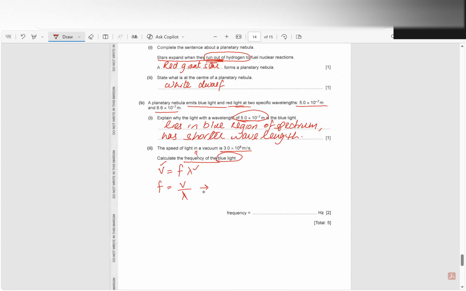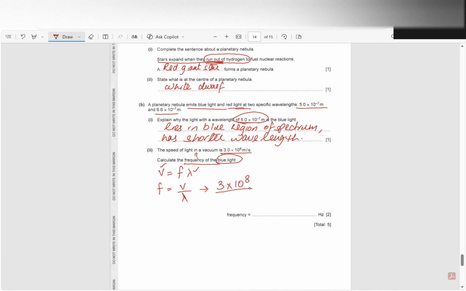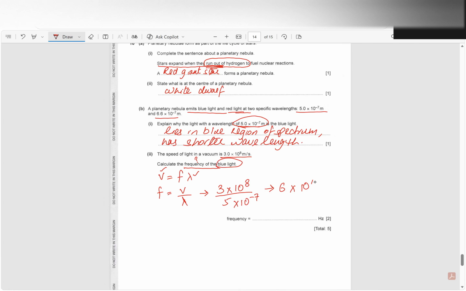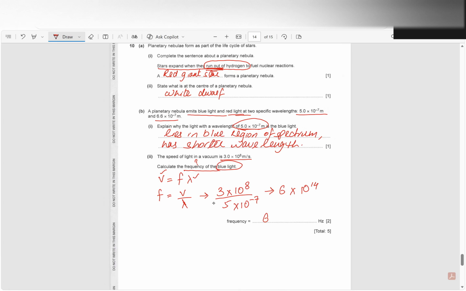We put in the values: 3 into 10 raised to the power 8 divided by 5 into 10 raised to the power negative 7. The answer for the frequency is 6 into 10 raised to the power 14. So this is going to be it.